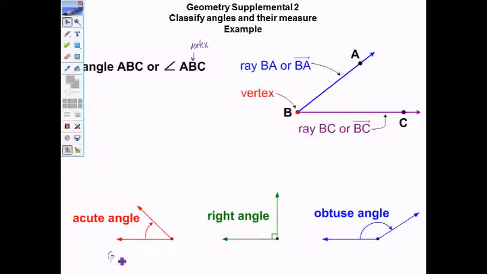So this is 0 up to 89.9 repeating. Like 89.999999 is still acute. This is exactly 90. And this is like 90.000 something 1. As soon as you go above 90, even if it's, now you can't measure this obviously with a protractor.